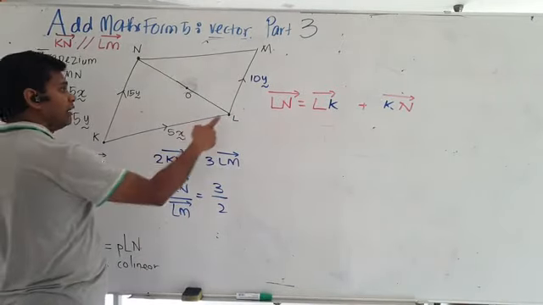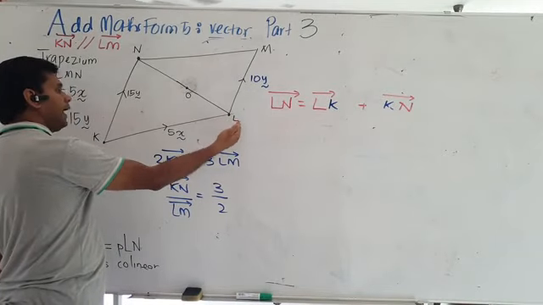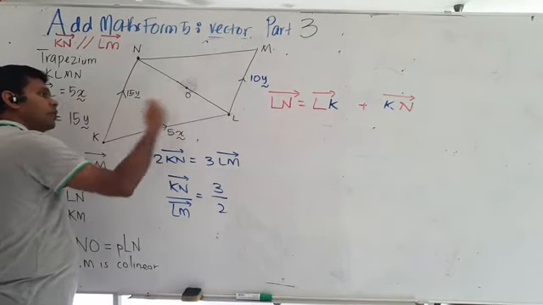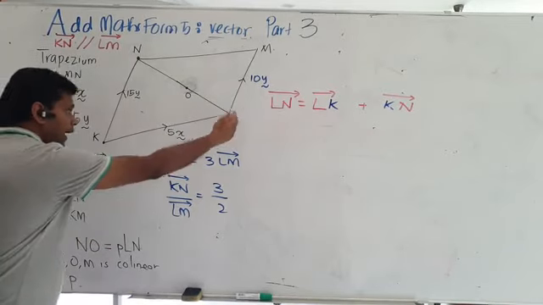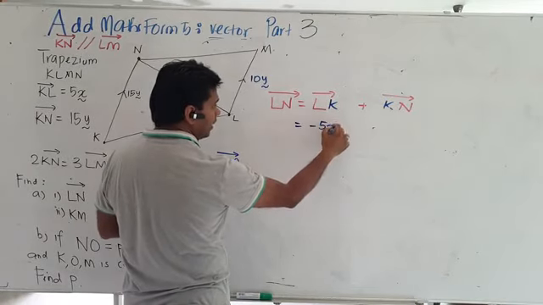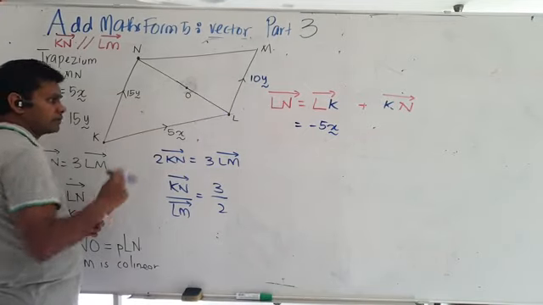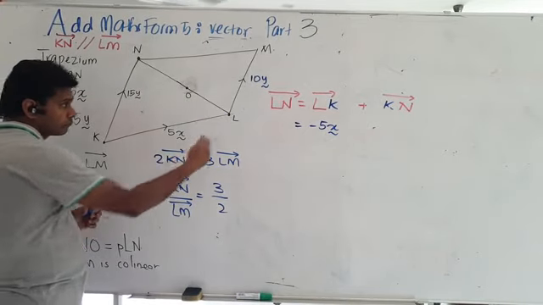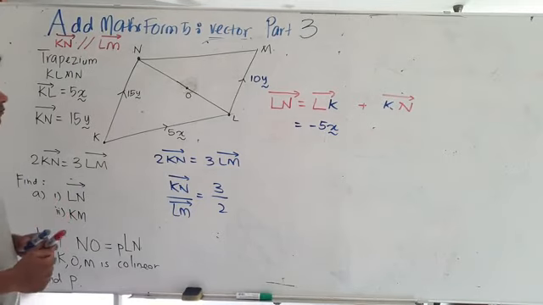And do I know the value for this thing? Yes. KL is 5x, but LK is the opposite direction. So careful, in vector, opposite direction means negative. So LK is going to become negative 5x. Are you following me? KL is 5x, LK, opposite, negative 5x.